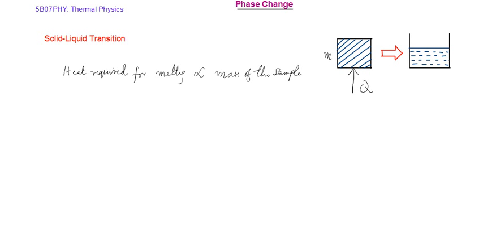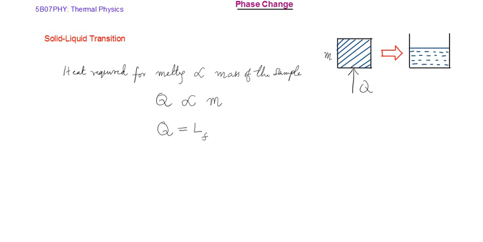Okay, now what I can do, I can write the heat required as Q. So Q is directly proportional to M, the mass of the sample. Now I can replace this proportionality with a constant of proportionality, introducing that constant as L, and let me write it for the melting as L_F.